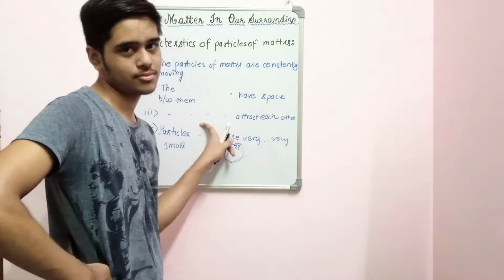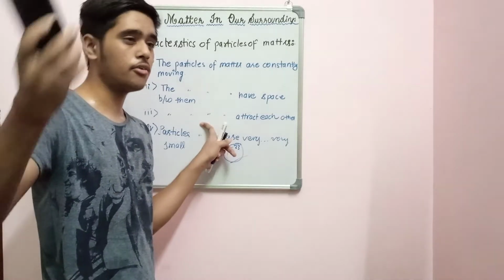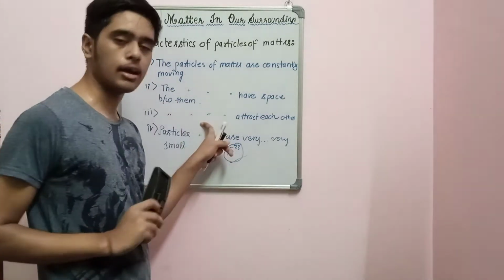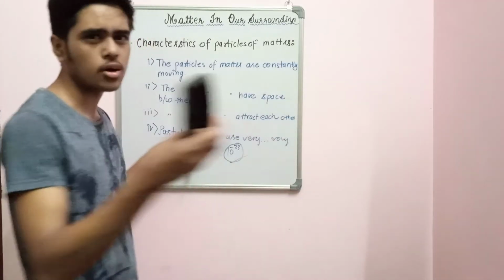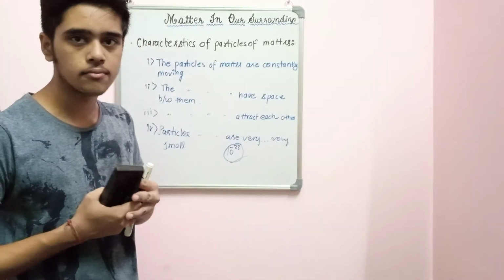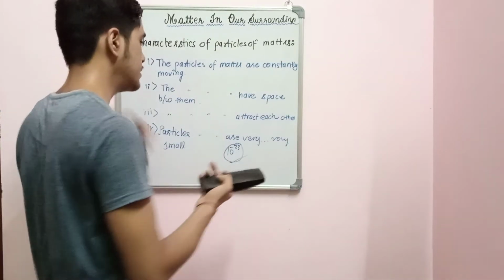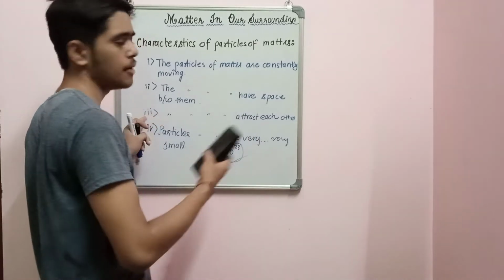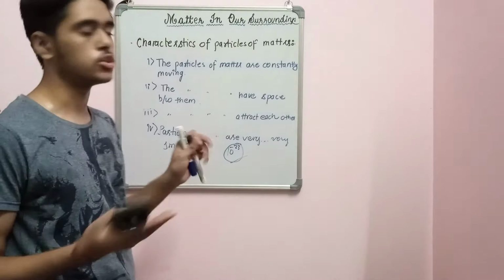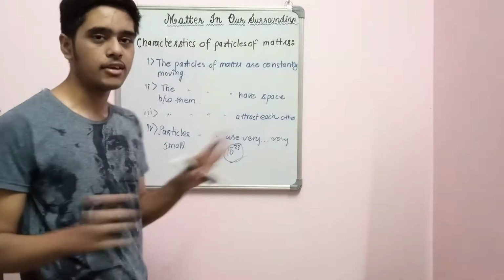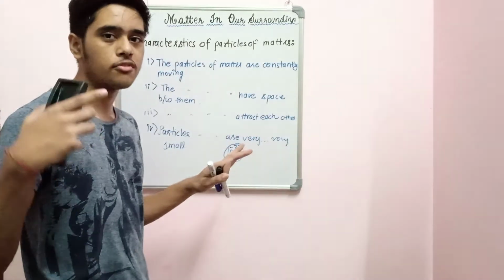This can't be shown directly, but you can use your mind and observe. You see this wall. This wall has been attached because a number of particles attract each other. That can simply be seen with your eyes. And the particles of matter being very small can be demonstrated by a very simple experiment, which I am going to give you at last.